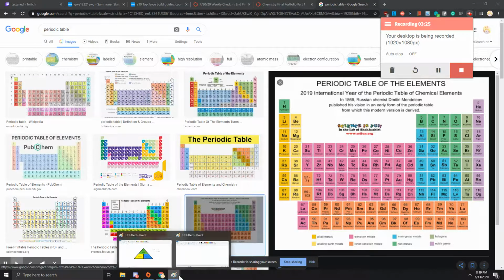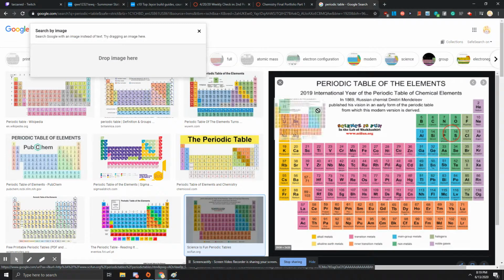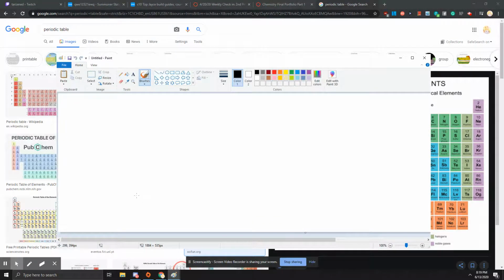Okay, so next up, we're gonna figure out how to find the molar mass of an element. Okay, so you can either use a periodic table for this, or you can just Google it.